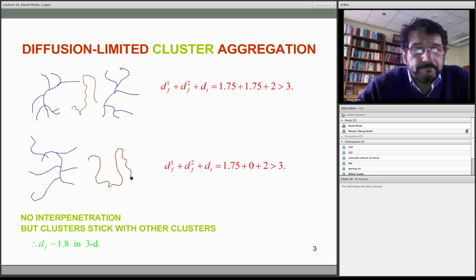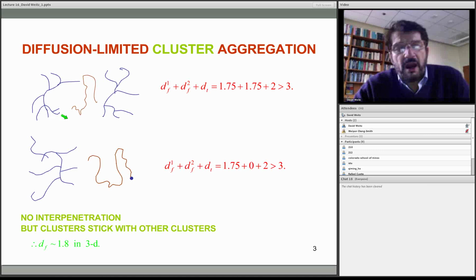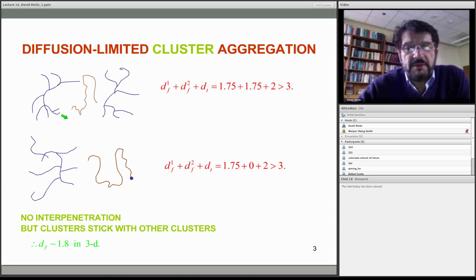Let me get my drawing thing. If I look at this upper figure here, you have 2 fractal clusters, and let's say they are formed the same way as I showed you with the diffusion-limited clusters, so their fractal dimension is 1.75. And they are themselves diffusing.